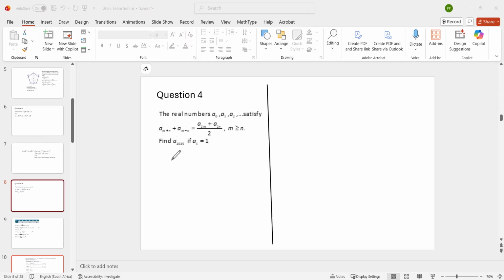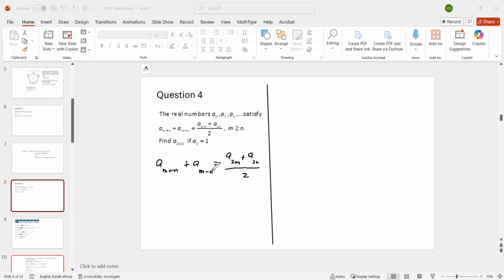So this equation here is A m plus n plus A m minus n equals A 2m plus A 2n all over 2, where this m is greater or equal to n.